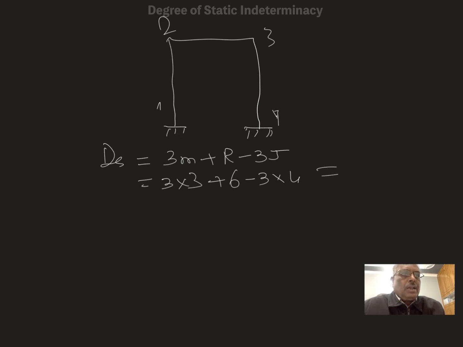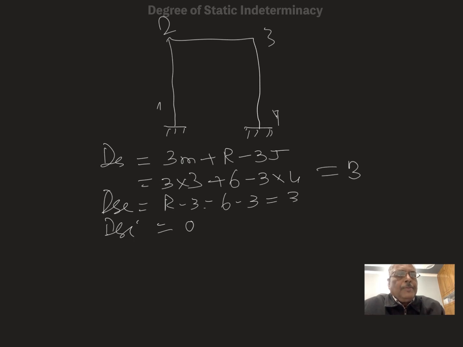So this is 9 plus 6, 15, minus 12, 3. This way you can find the degree of static indeterminacy by the method of joints. Externally it is r minus 3, so this is 6 minus 3, 3, and internally 0. So there is only external indeterminacy.